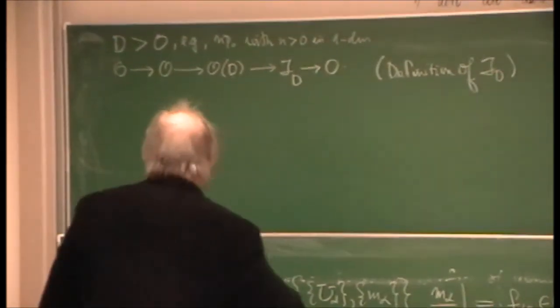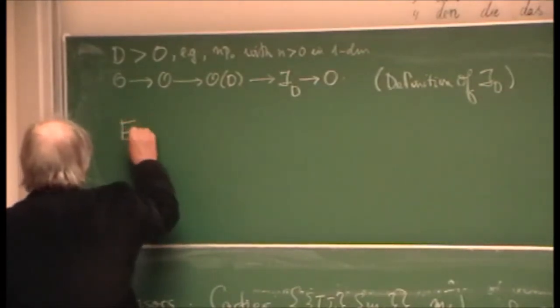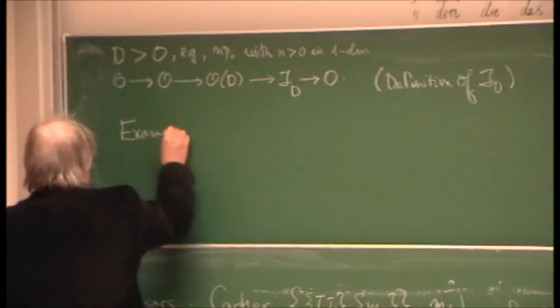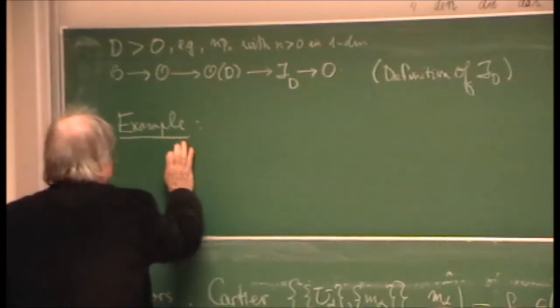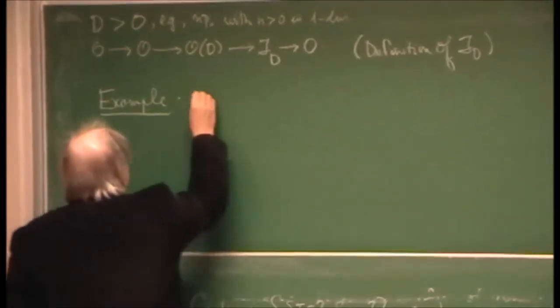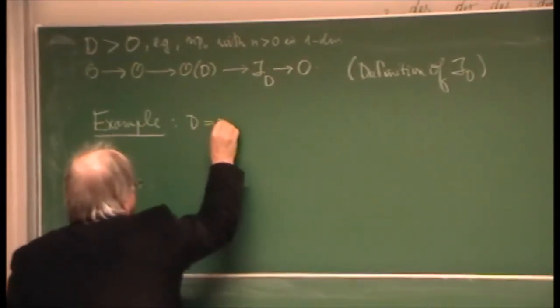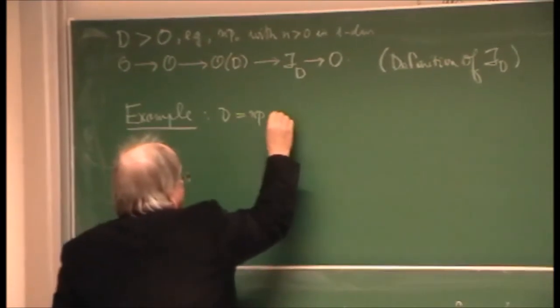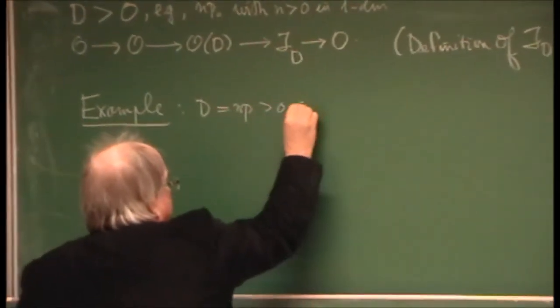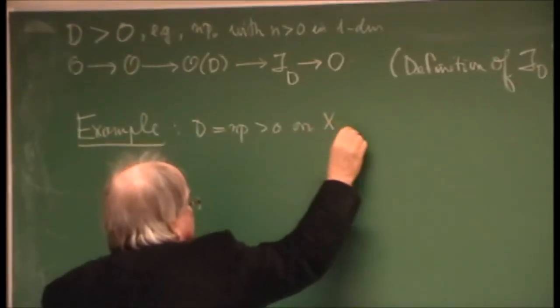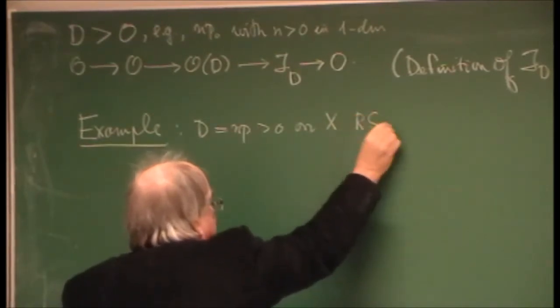Now please, let's do the concrete example, where D is equal to NP, N is positive, on X, which is the Riemann surface.